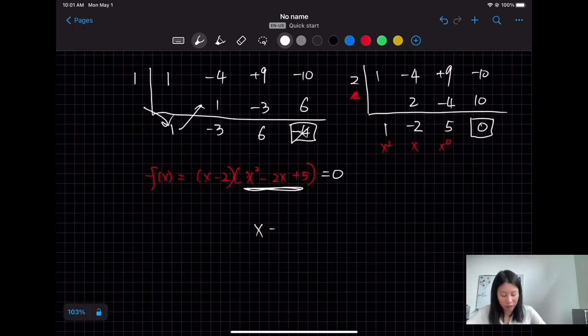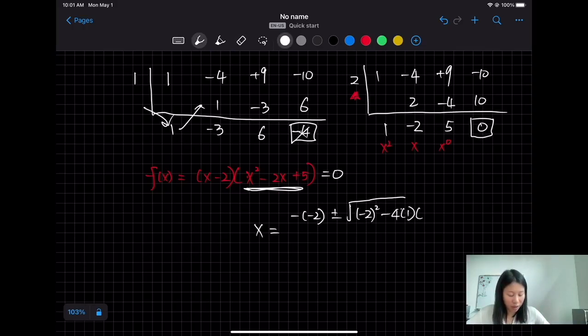The quadratic formula is x equals negative b plus or minus the square root of b squared minus 4 times a times c, over 2 times a. So this equals negative 1 plus or minus 2i.